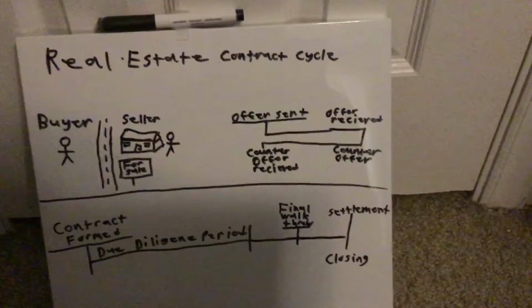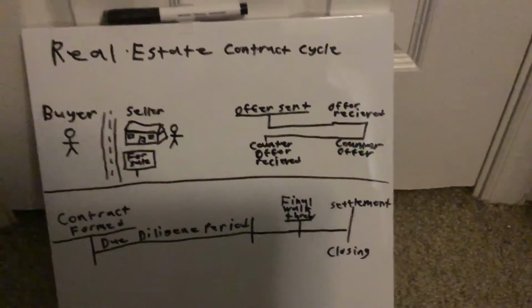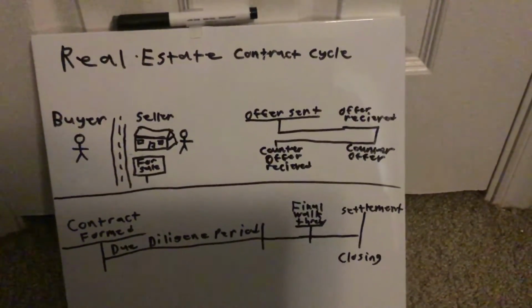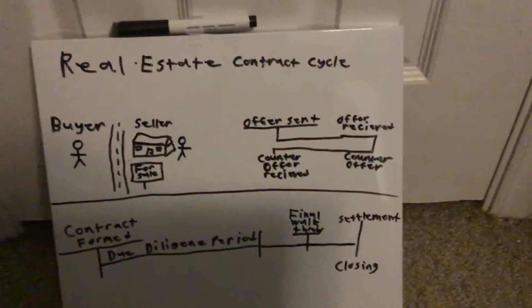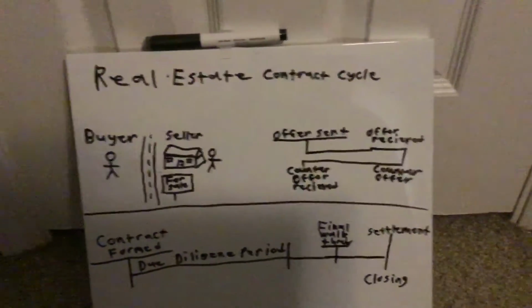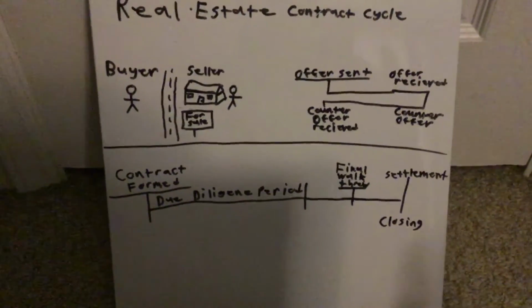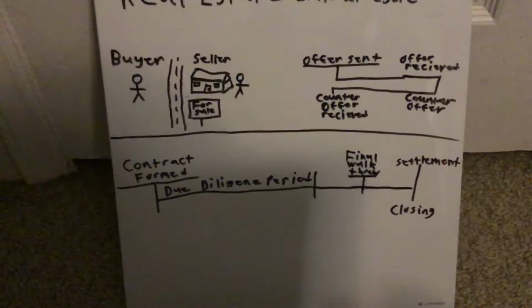And for real estate, if a term is not in writing, it is not binding. Everything has to be laid out in writing. You want the fridge to be left when you're buying the property, that has to be in writing. That's just a very enforceable thing. And so once all that happens, a real estate contract is formed.